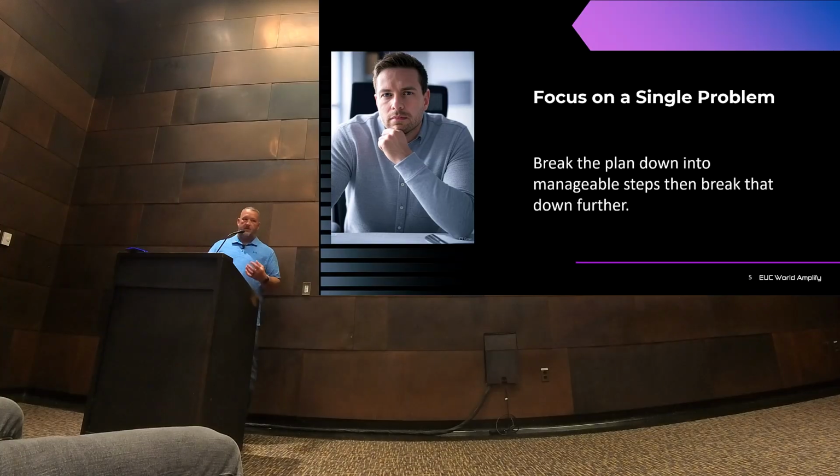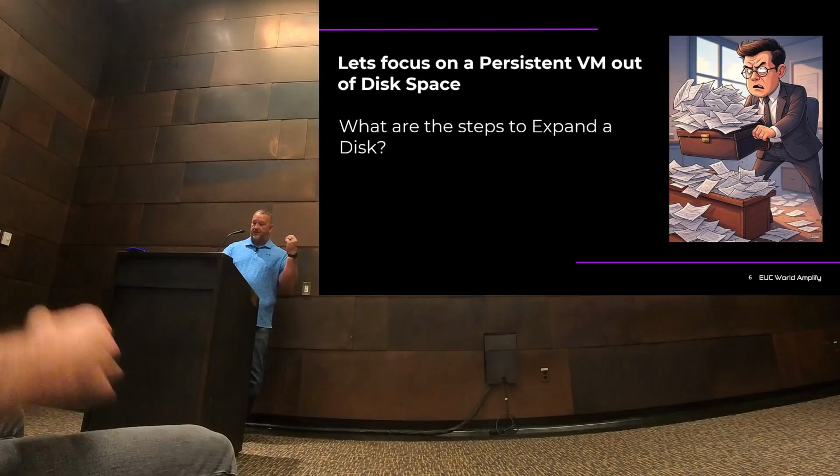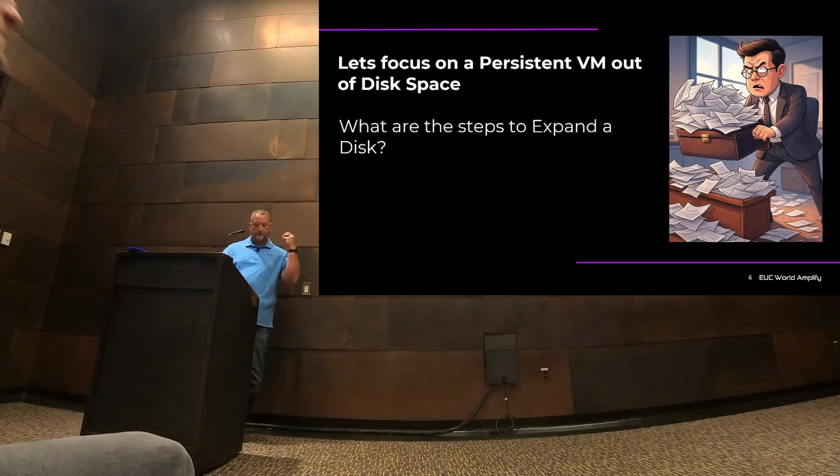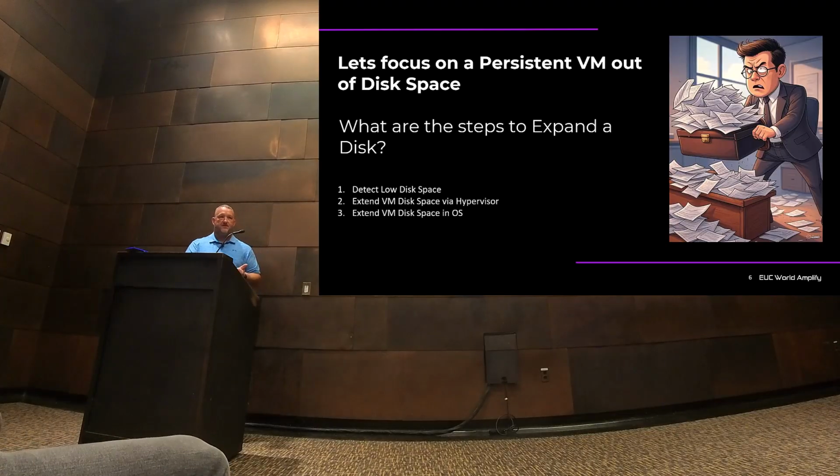What you need to do is break this down into a simple, repeatable process, a simple step. So as an admin, what steps does it take to expand a disk? First, you need to know there's a low disk problem.